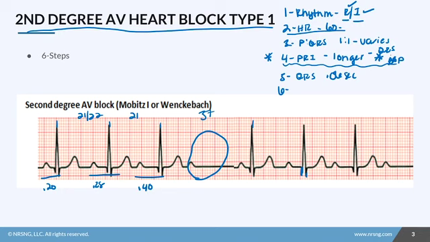The PR interval gets longer with each heartbeat until a QRS is dropped, and then it starts back up all over again. If you look at this strip here, we have longer, longer, longer, QRS is dropped, and then it picks back up again right here. So longer, longer, longer, and then QRS would be dropped.